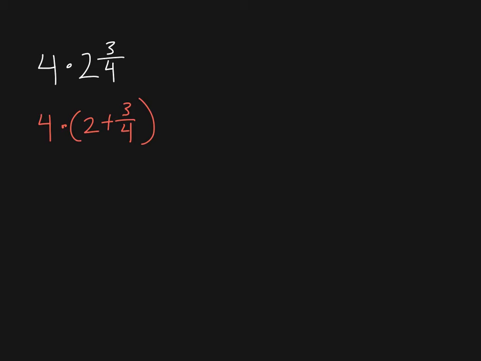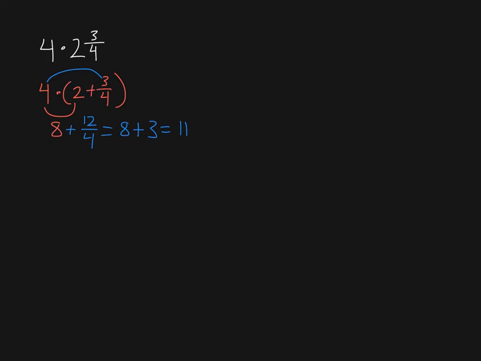Now we're going to multiply our whole numbers. 4 times 2, which is 8, and then we multiply our whole number by our fraction of 3/4. 4 times 3/4, which is 12/4. So 8 plus 12/4 equals 8 plus 3, because 12/4 equals 3. 8 plus 3 equals 11.